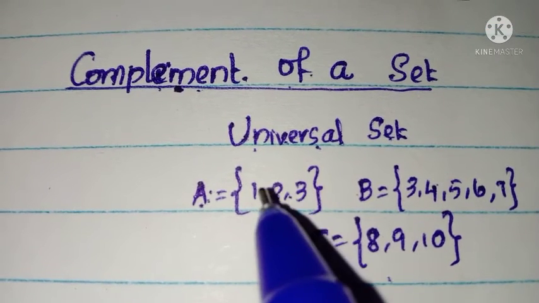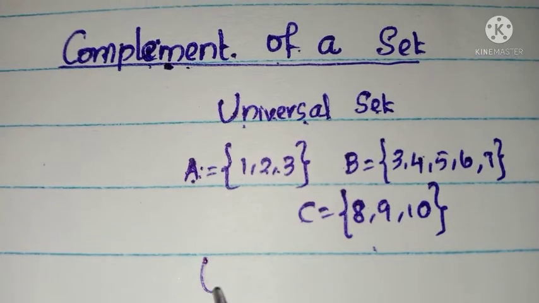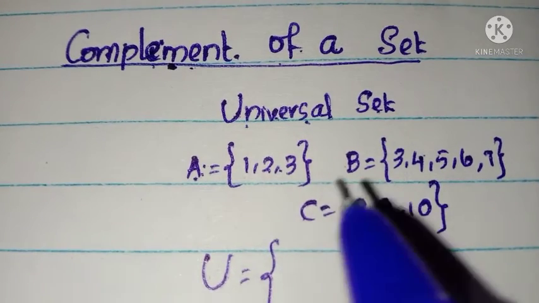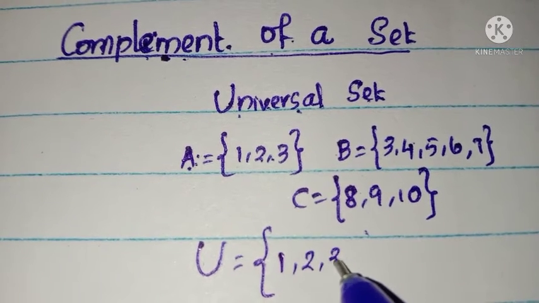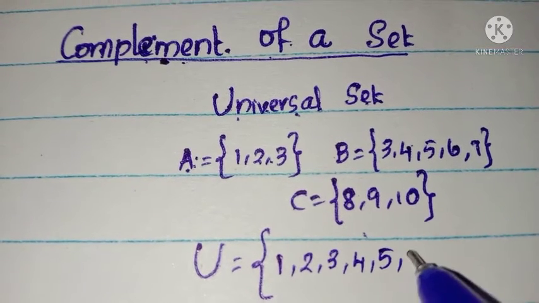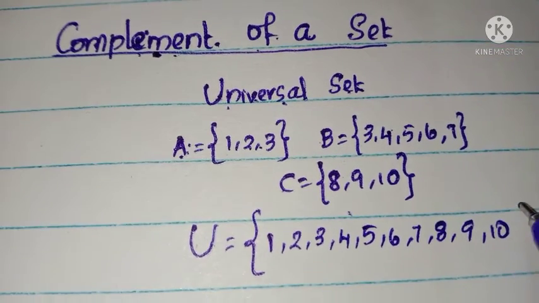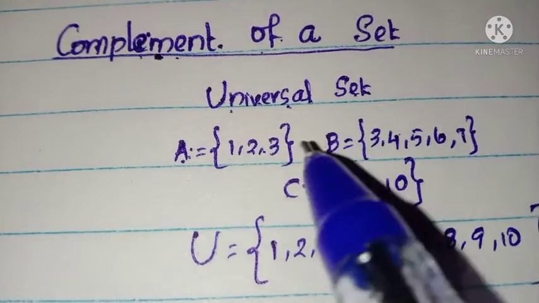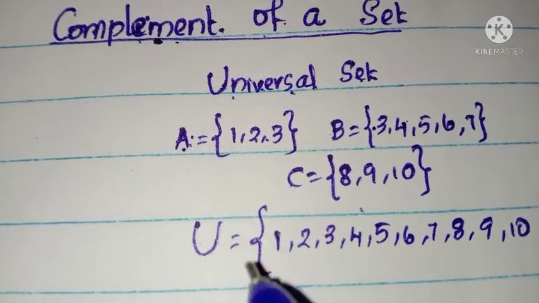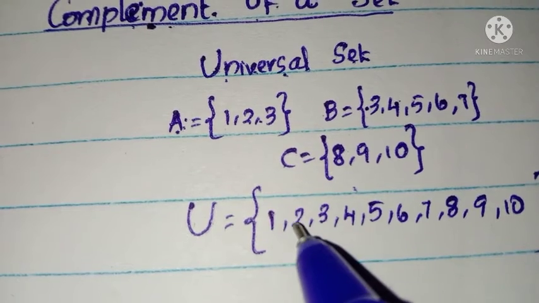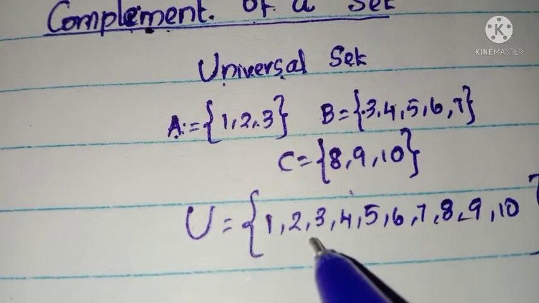So on the basis of these three given sets, we can define the universal set, which is denoted by U, as the set {1, 2, 3, 4, 5, 6, 7, 8, 9, 10}. This is the universal set related to these three sets A, B and C. Or we can define the universal set as {1, 2, 3, 4, 5, 6, 7, 8, 9, 10, 11}.